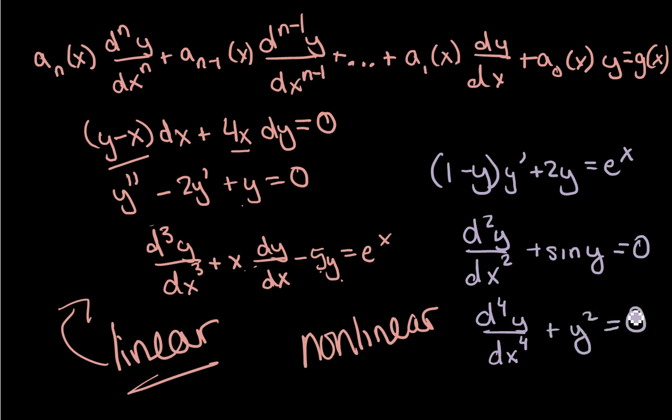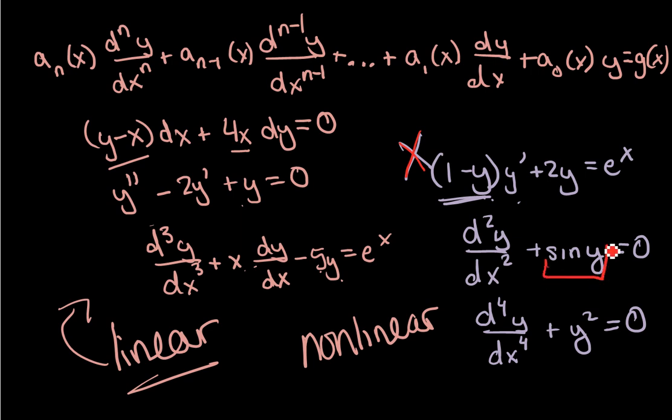Each of these has a different problem. If we look closer at the first one, we can see that the derivatives are decreasing by 1, but the coefficient is not a function of x, the independent variable. It's a function of the dependent variable y, so this is wrong. Now, what's the problem with this one?